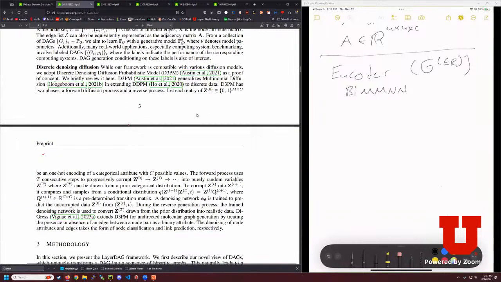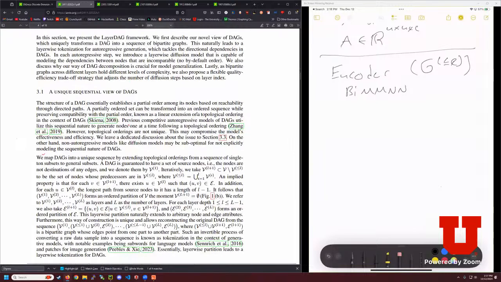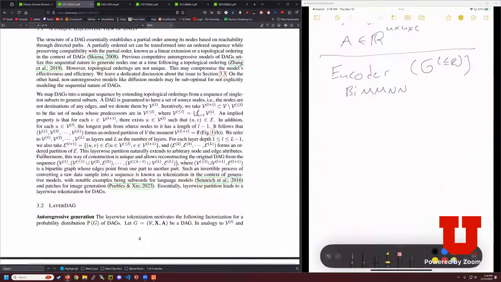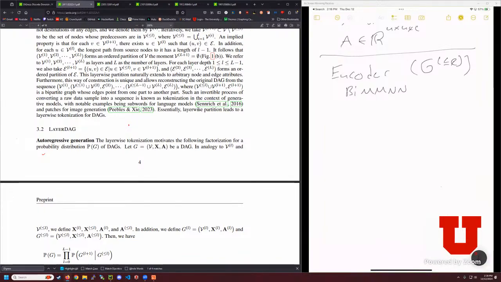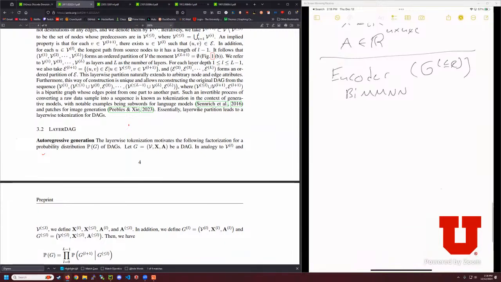Okay. But they haven't said how they select depths, or you can decide. So the depth is determined when they predict the cardinality for the next layer; they terminate if they predict 0 nodes in the next layer.